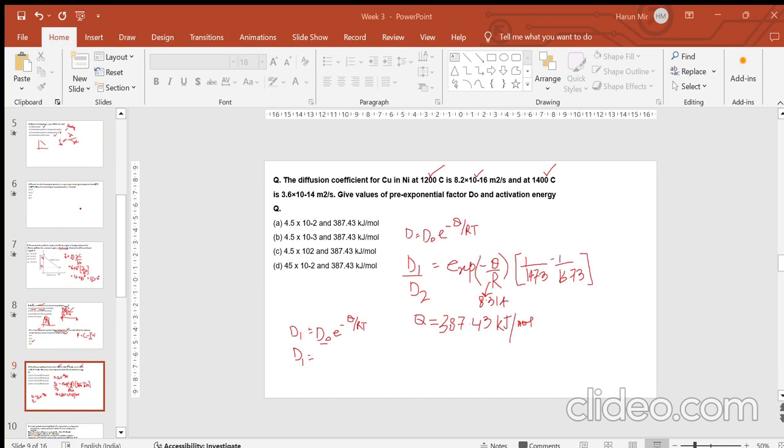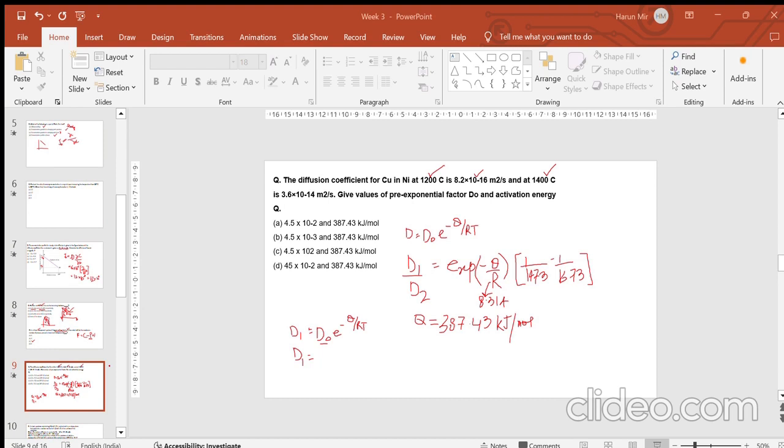Please try to solve it and answer what is the right answer. You just have to plug in the values of your D1, Q, and R, and the temperature is also given. So you just have to find D naught.